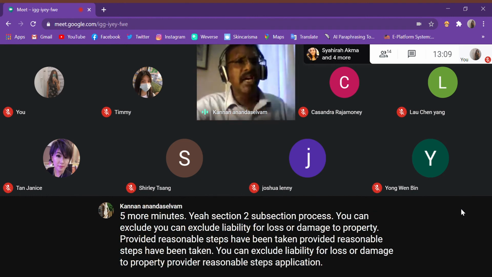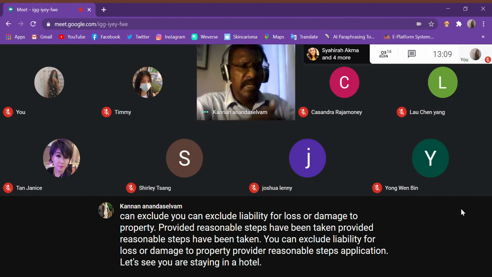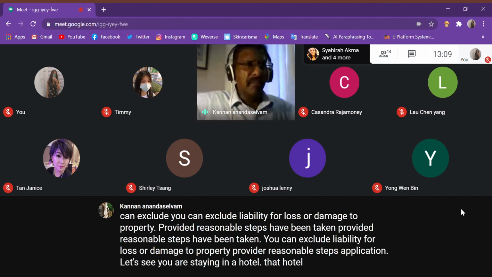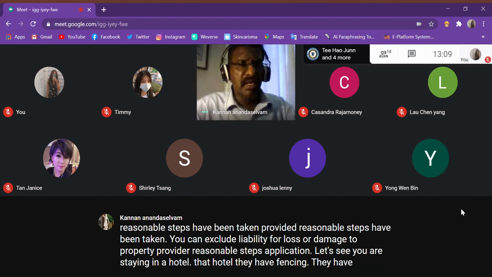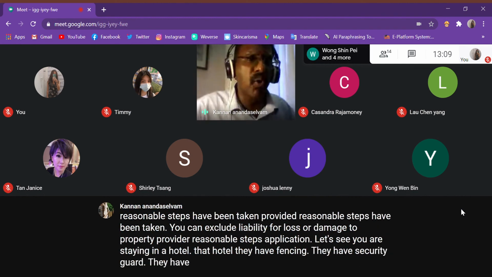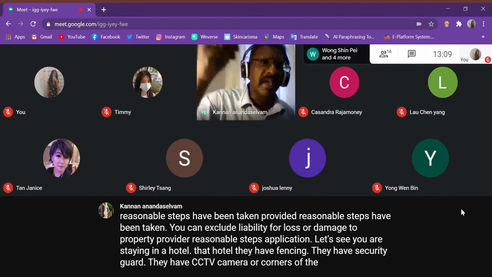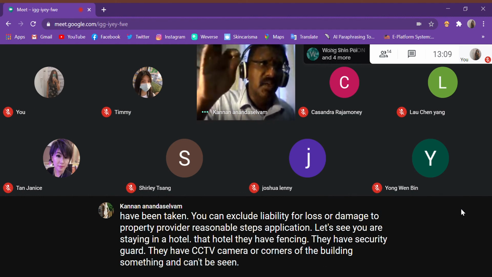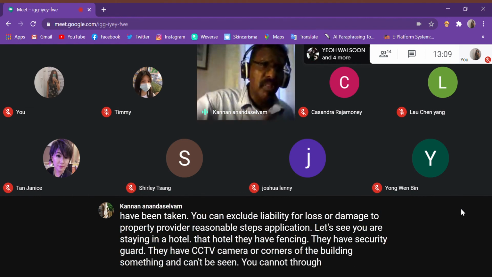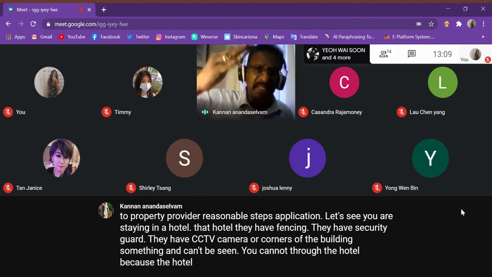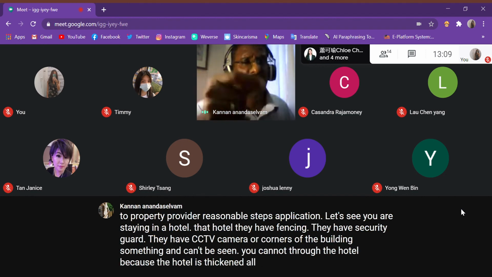Let's say you are staying in a hotel. That hotel has fencing, a security guard, and CCTV cameras at all corners of the building. Something has gone missing. You cannot sue the hotel because the hotel has taken all the necessary steps to safeguard your property.